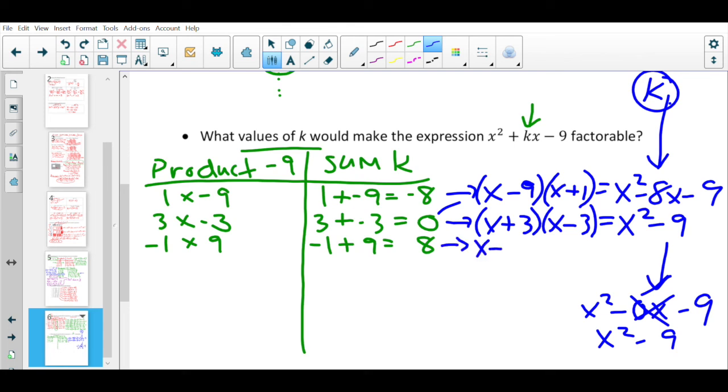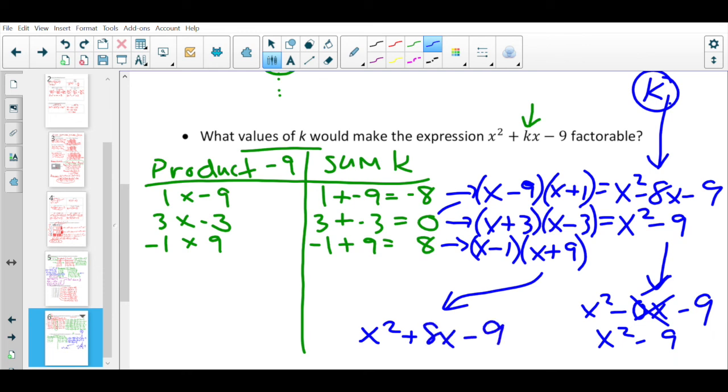This one is x minus 1 times x plus 9, and that result is x squared plus 8x minus 9, and you can see the k value here and the k value there. Okay, so those are your possible k values, negative 8, 0, and 8.